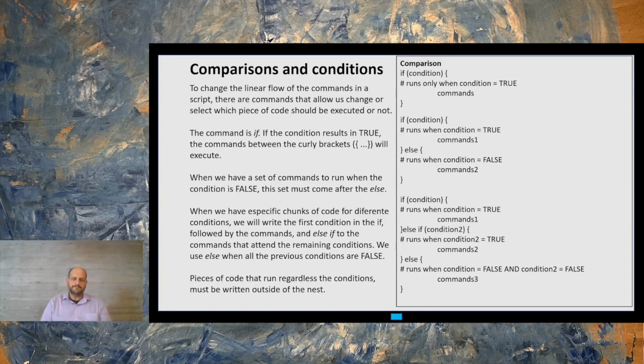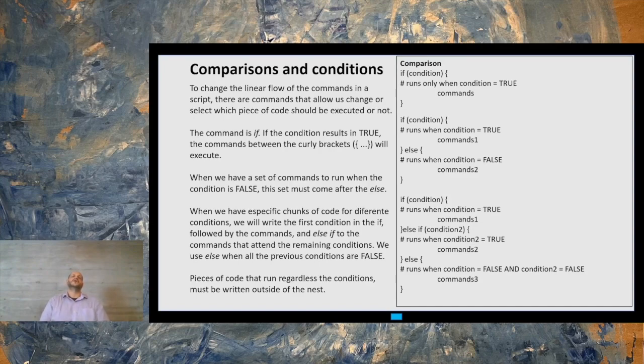So in R, we have the simple if statement. How does it work? I have the condition in parentheses, and then I have the curly brackets. If that condition results in true, R will run all the commands inside the curly brackets. So I open the curly brackets right after the condition, and I close the curly brackets after I finish the set of commands that should run when the condition is true.